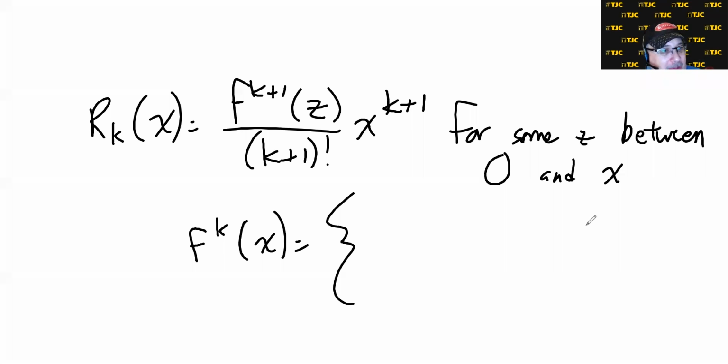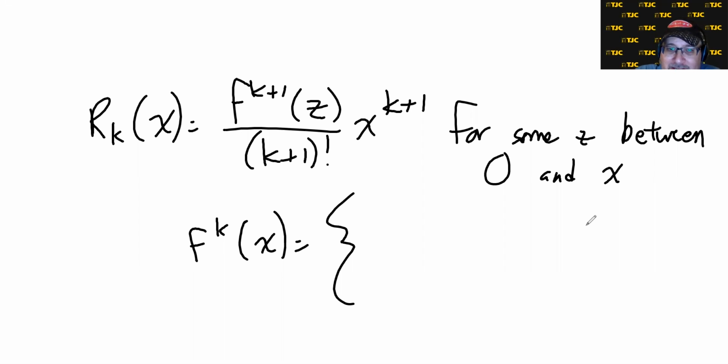We were in the process of coming up with an expression for the remainder, and we're going to show that the remainder approaches 0, but in order to do that, we need an expression for the derivative. I do remember saying that unlike the previous example where all the derivatives were e to the x, that's not the case here, but we do know that the derivative has to be one of 4 things.